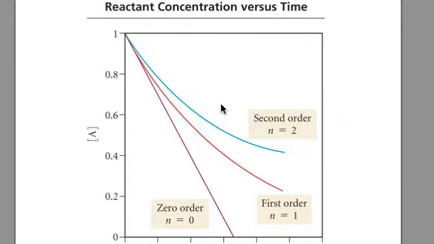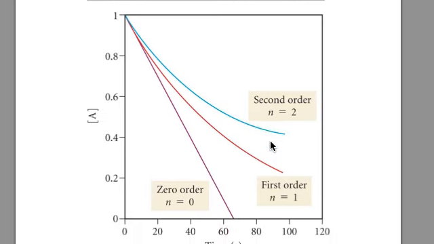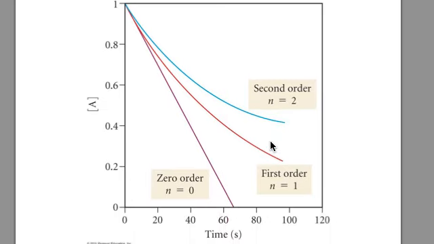Here's a very informative graph. There's the zero order, very rare, and first order and second order look very similar. Yeah, they look almost identical. Obviously the first order falls faster than the second order, and that's something to try to keep in your brain. Be nice if you were comparing. First order falls faster than second order, but if you have nothing else to reference it to, this looks the same as this.